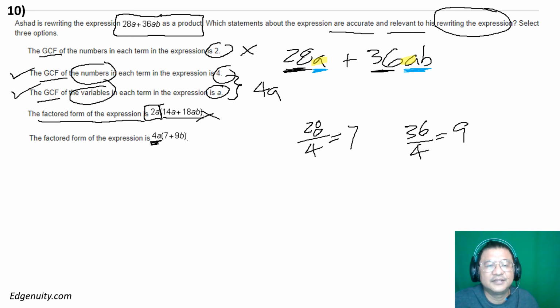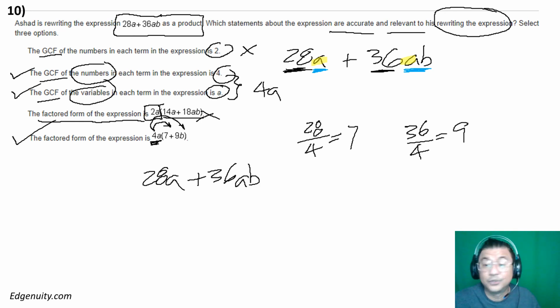So let's divide each by 4A. Oh, let's just do the distributive. Will it give us the correct answer? 4A times 7 is 28A. 4A times 9B is equal to plus 36AB. So it's the same as the original. So those 3 are the correct answers.